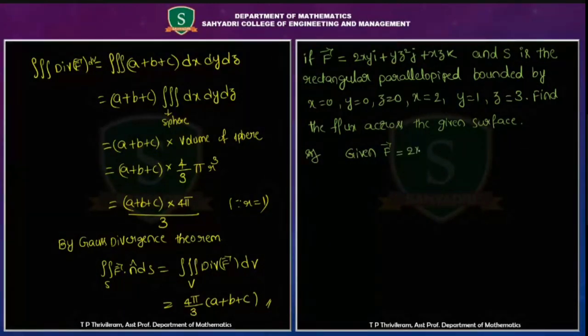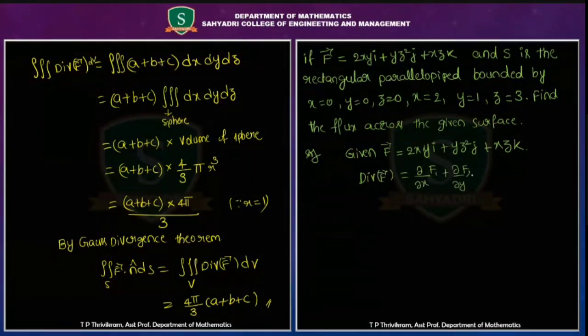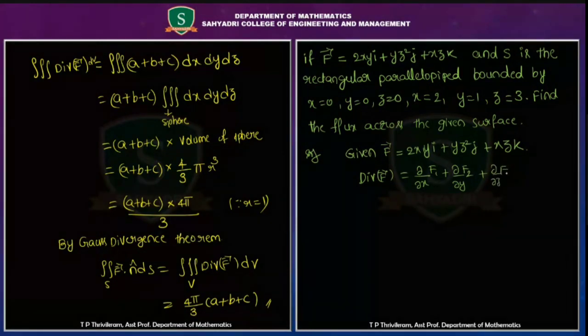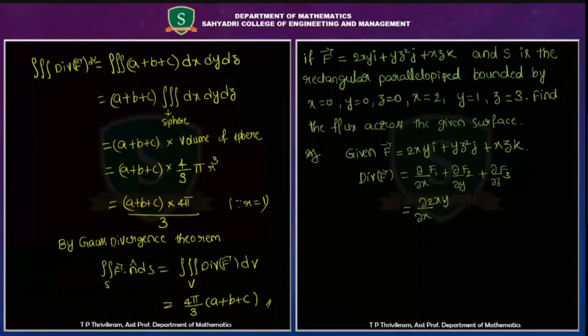F is equal to 2xy i plus yz² j plus xz k. Now the divergence of F you find is equal to ∂/∂x of F1 plus ∂/∂y of F2 plus ∂/∂z of F3, where F1, F2, F3 are the coefficients of i, j, k. So ∂/∂x of 2xy plus ∂/∂y of yz² plus ∂/∂z of xz.